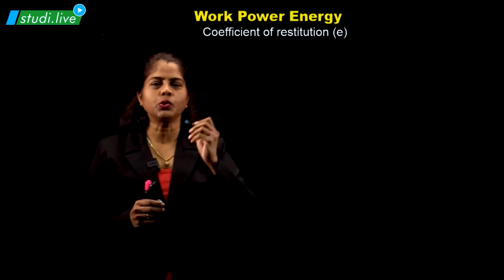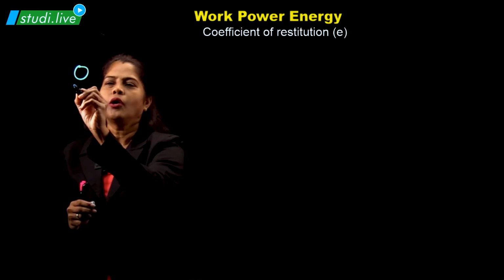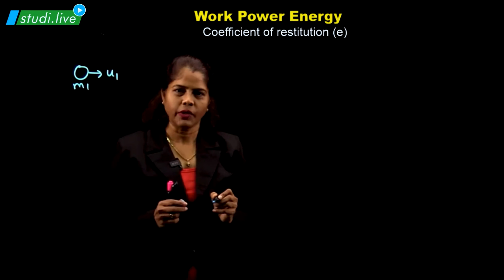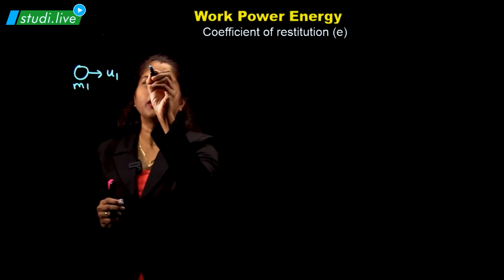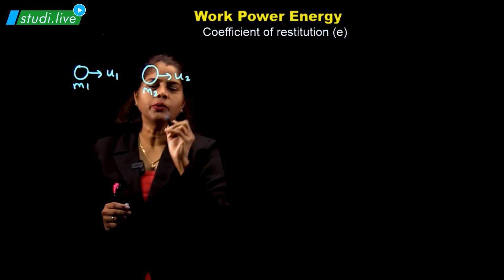And here, just to understand again, let me draw it. One body of mass m1 is moving with initial velocity u1. Another mass m2 is moving with velocity u2.